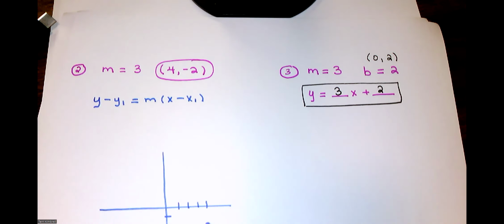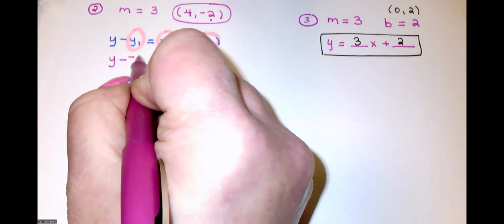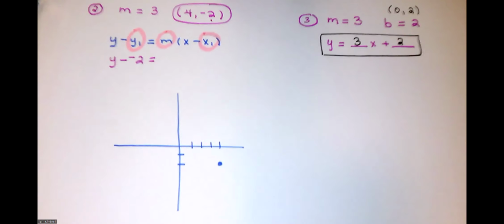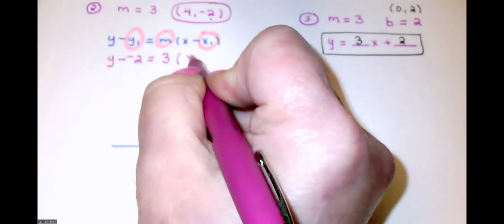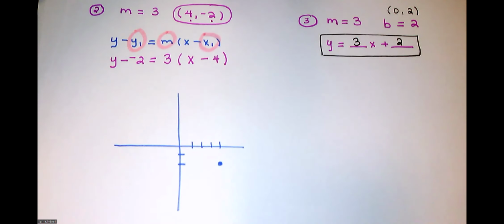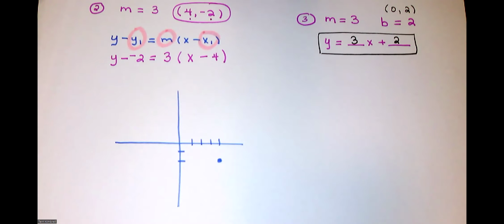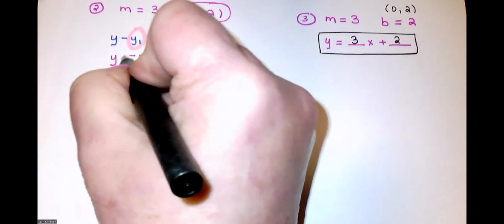As we plug in, if you remember, you're going to plug in the y here, the slope, and then the x. So it's going to be y minus negative 2, then you have your slope. Your slope is 3. x minus 4. Now, before you do any algebra, change your double negatives to pluses.